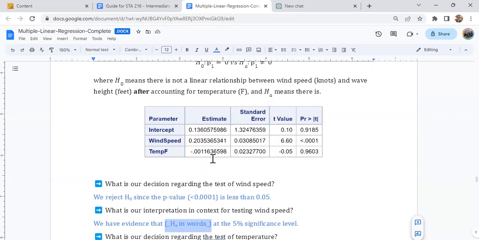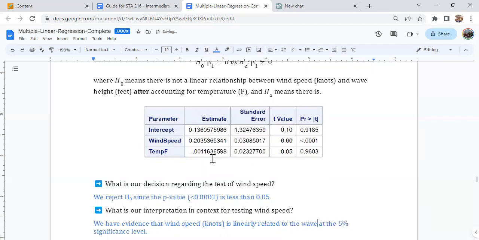Exactly. That means speed in knots is linearly related to the wave heights in feet. And very important to add, after accounting for temperature.